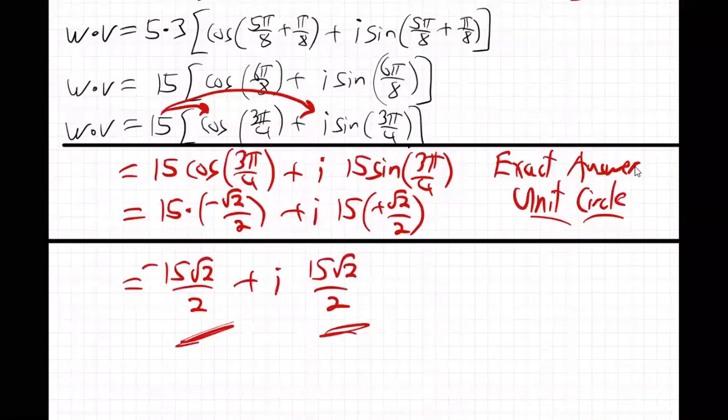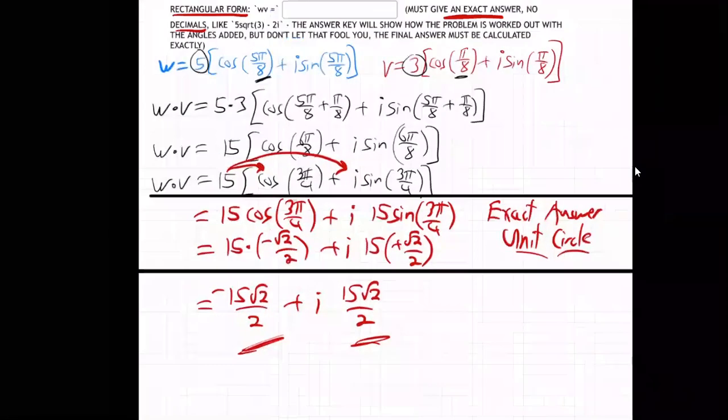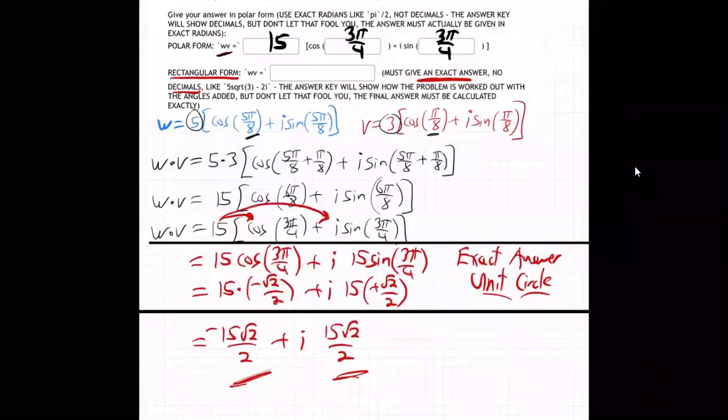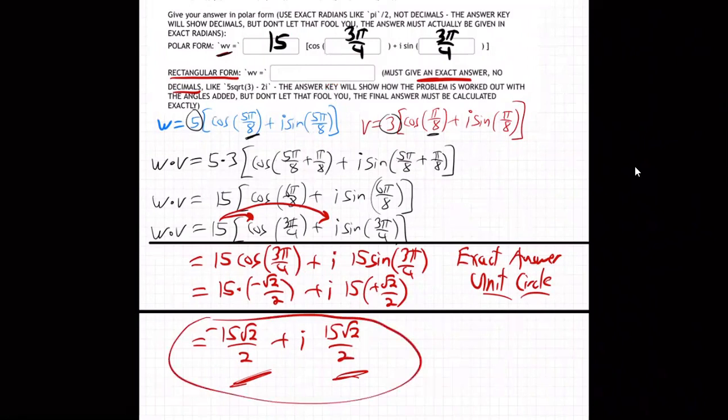There are the exact values, not decimals. We write that whole thing in that blank. That's the exact answer, no decimals.